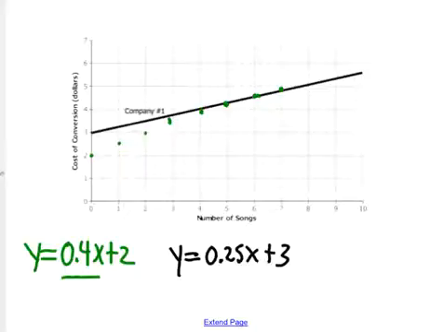And 8 songs, 8 times 0.4, so 8 times 4 is 32, so it'd be 3.2. So now we're talking 5.2. And 9 songs would be 9 times 0.4. So 9 times 4 is 36. So it'd be maybe about there. And then 10 songs, we're talking $6.